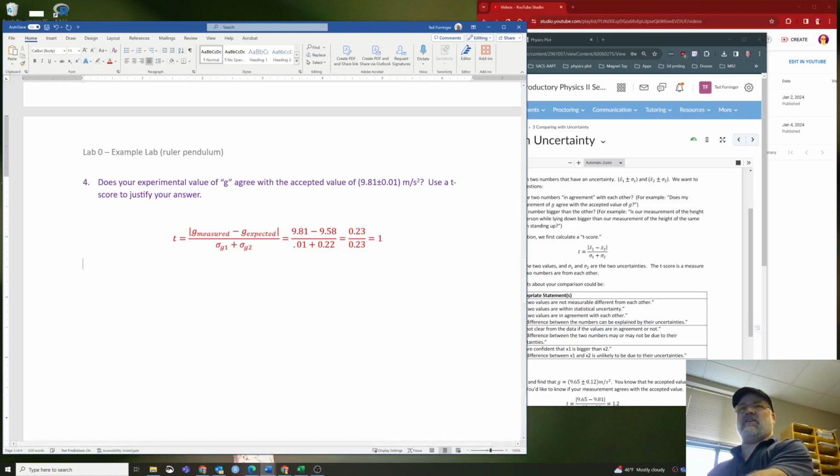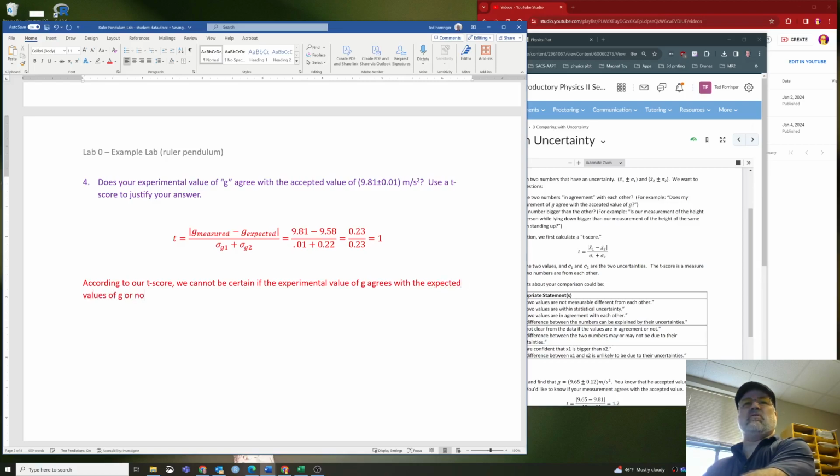So what I'm going to say here is, according to our t-score, we cannot be certain if the experimental value of G agrees with the expected value of G or not.